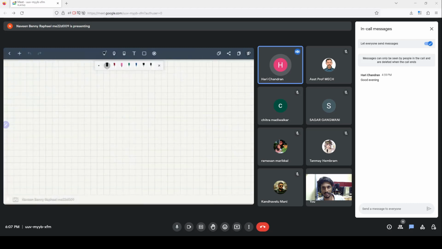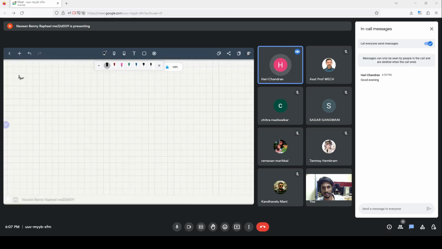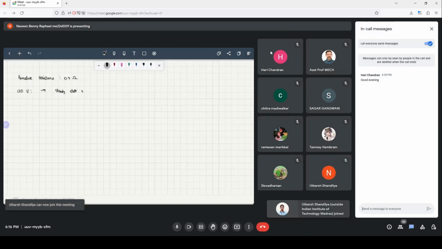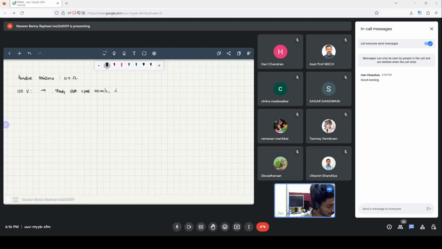Say you have a permanent magnet DC motor with an armature resistance of 0.5 ohm. 120 volts is applied, and we are reaching a steady state speed of 20 revolutions per second, and we are drawing 40 amperes.